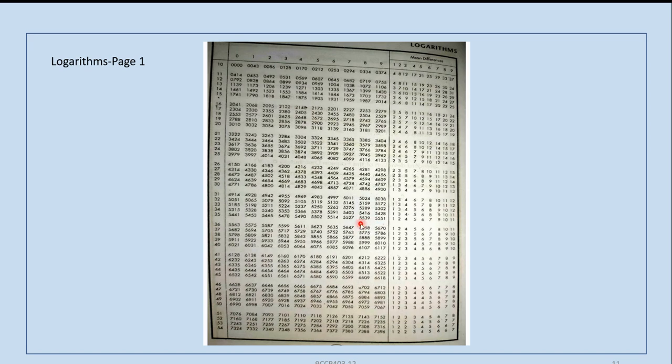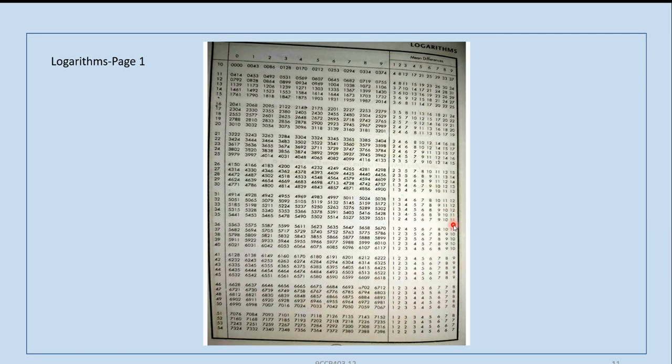Then this number is taken, 3.5539, and we still have 9. That means 35, 8 is over, and for 9 we have to search here. This is the 9 column, the related column.